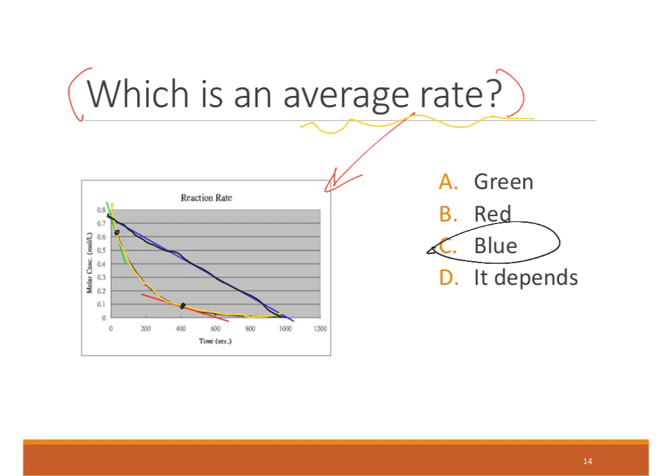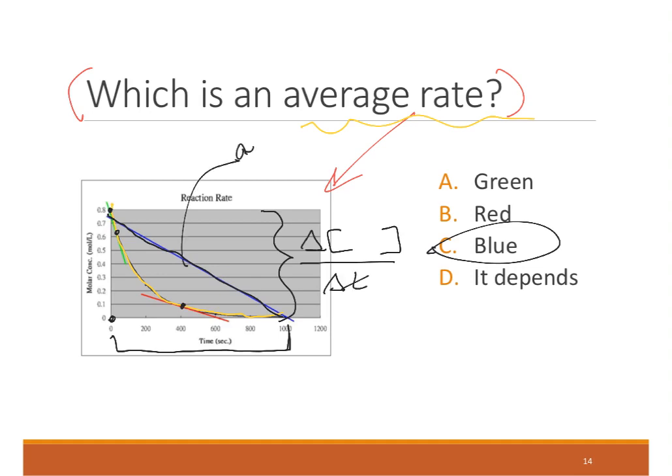But perhaps more important than that, look at the blue line. The blue line tells us the change in concentration over the entire reaction period. So this blue line represents the average rate over the entire reaction.